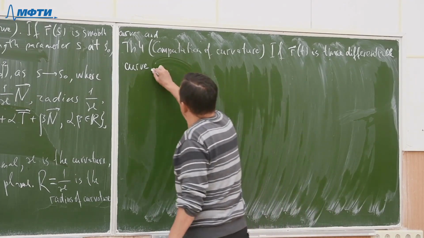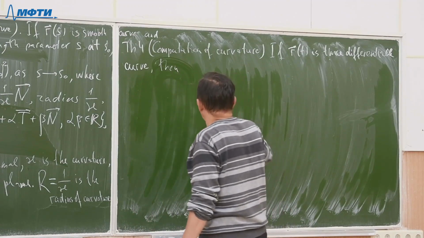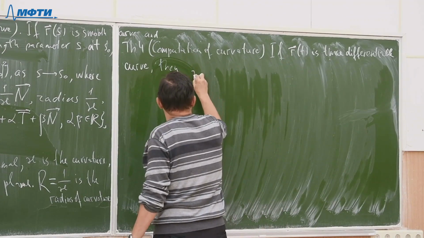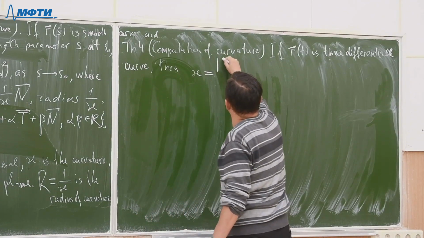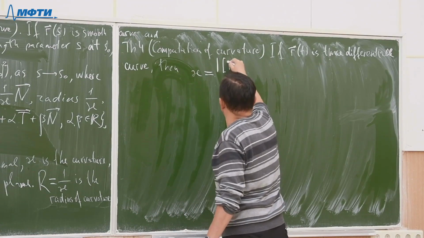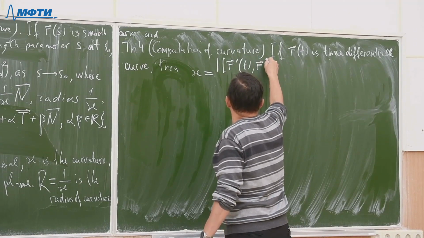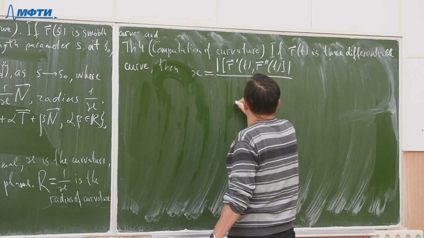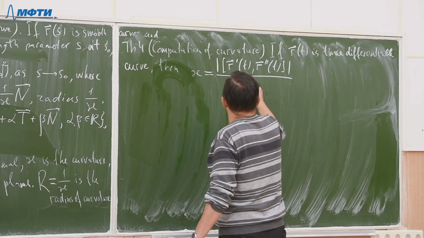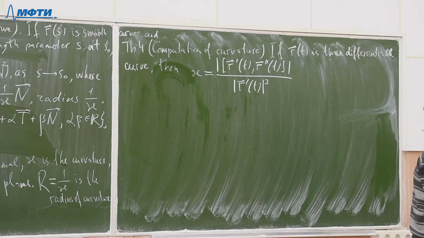Then kappa equals the length of the vector product of the first derivative times the second derivative, divided by the cube of the length of the first derivative. The curve should be smooth, of course.